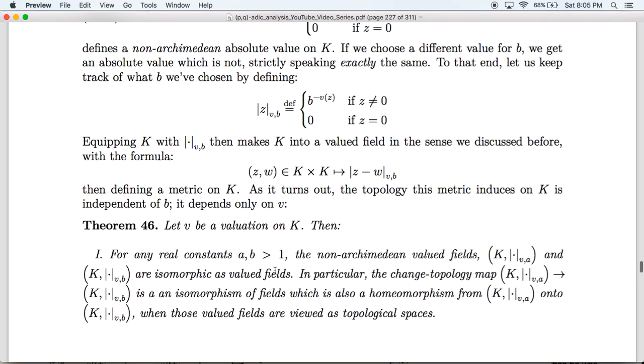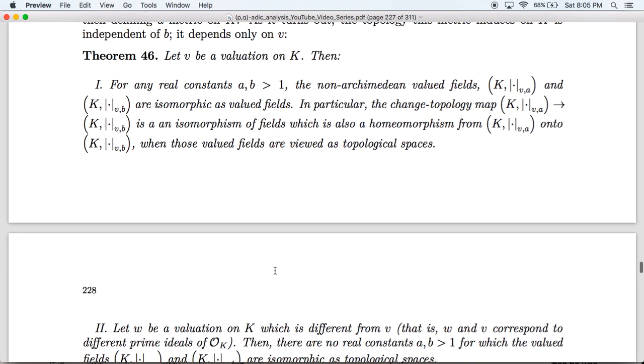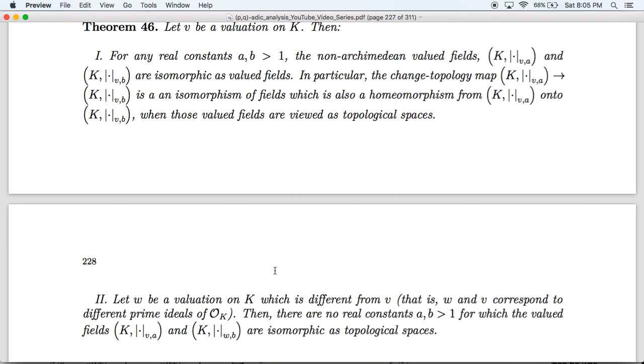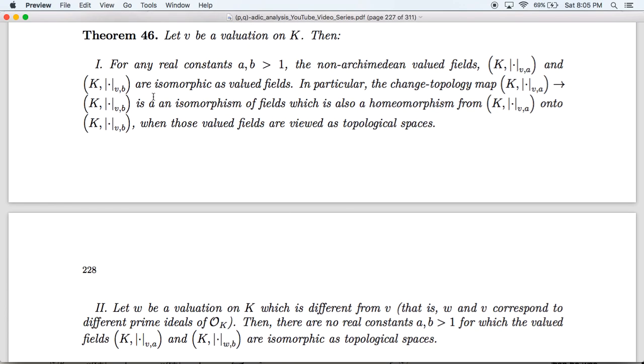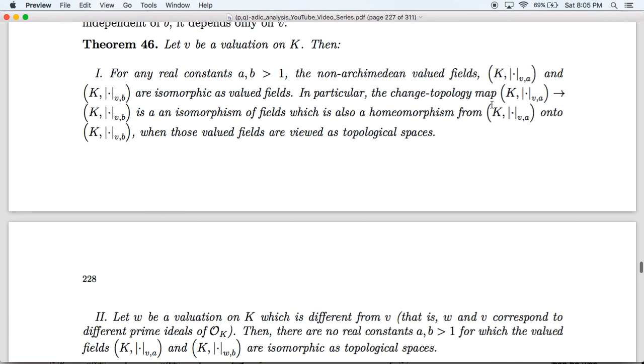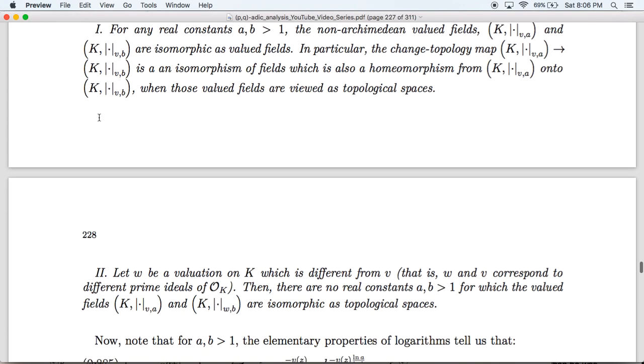depends only on v, and we have the following theorem. Let v be a valuation on k. Then, for any real constants a, b greater than 1, the non-Archimedean valued fields we get with these two different absolute values are isomorphic as valued fields. In particular, this means that the change of topology map, which replaces a with b, is an isomorphism of fields and a homeomorphism of these two objects as topological spaces.